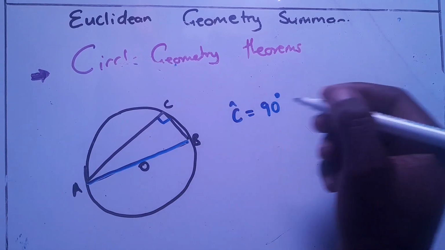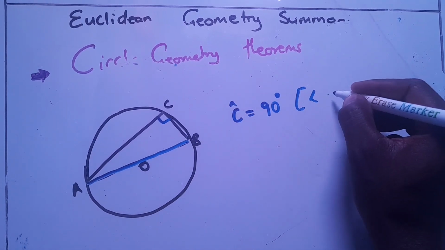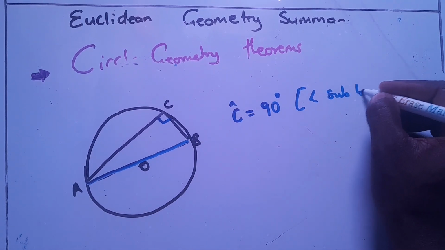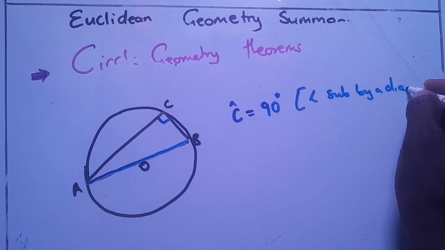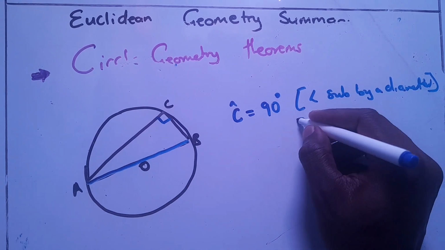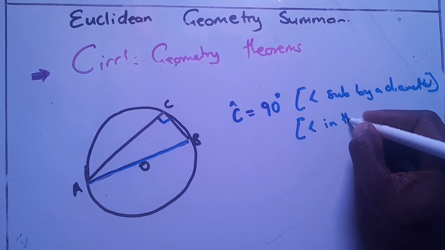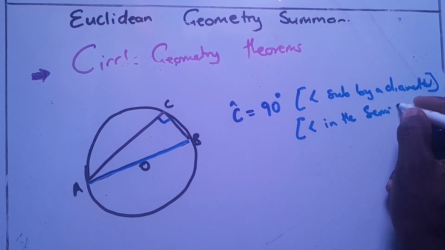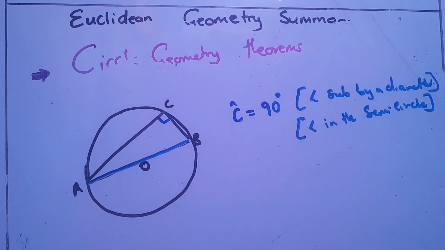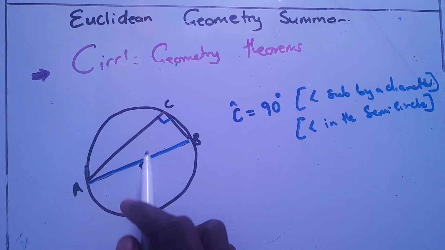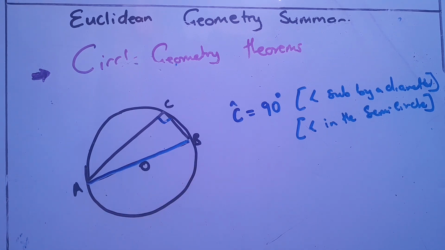So we can just say angle subtended by a diameter, or we can say angle in a semicircle, like that. So this is one and the same thing, right? But we just have to know that this angle becomes 90 degrees.